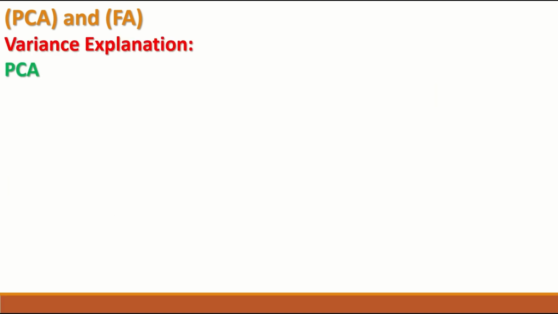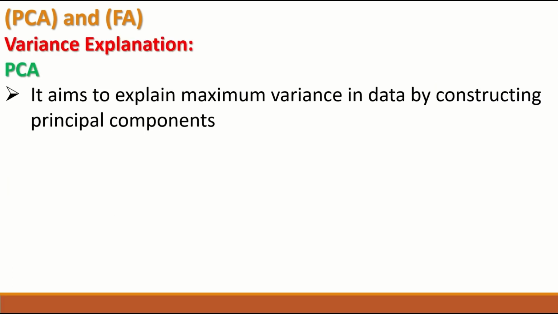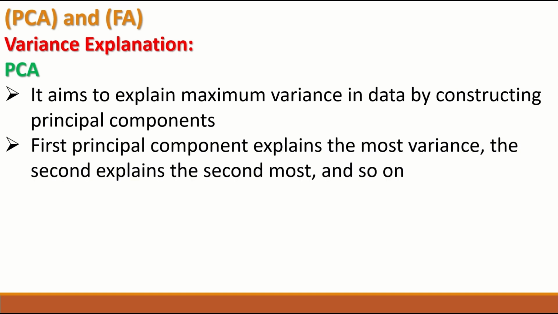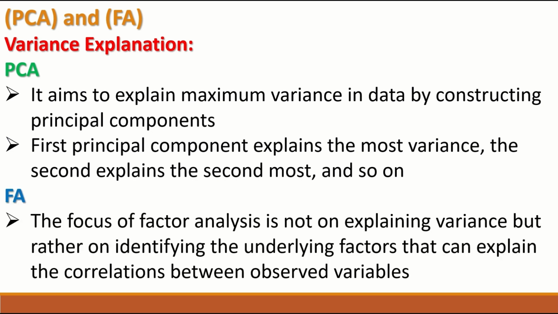In terms of variance explanation, the PCA aims to explain maximum variance in the data by producing principal components. The first principal component explains the most variance. The second one explains the second most, and so on.